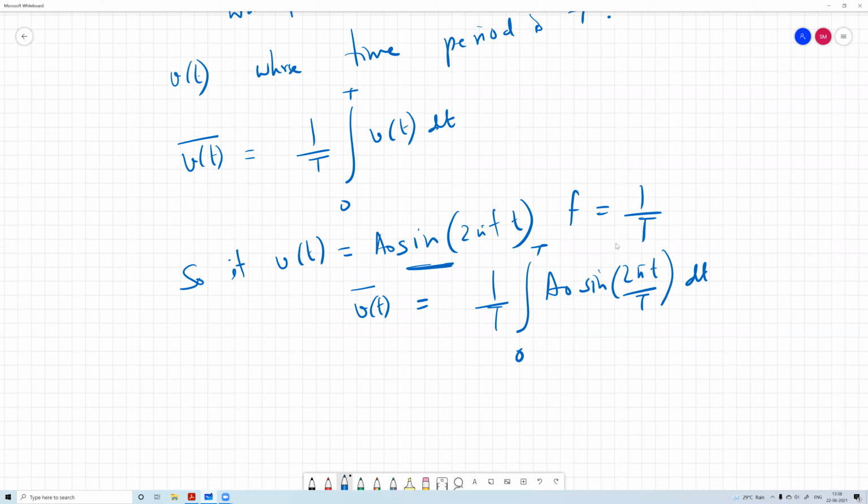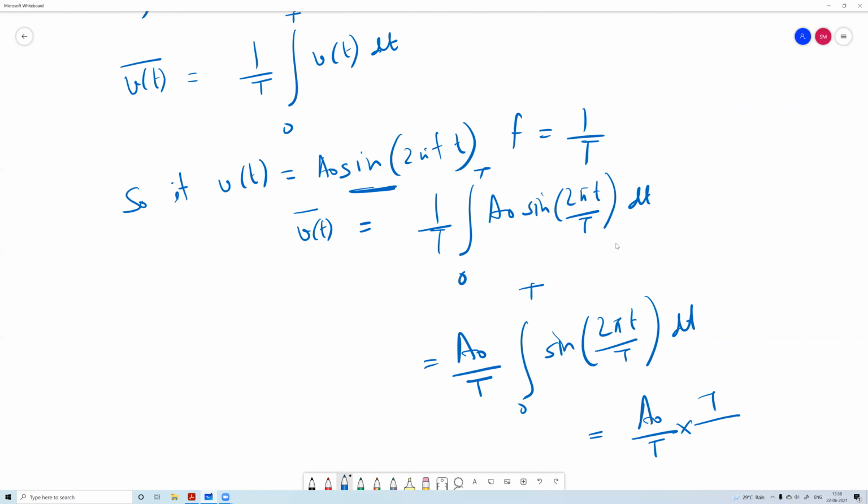A naught is a constant, I can take it out of the integral. Right?